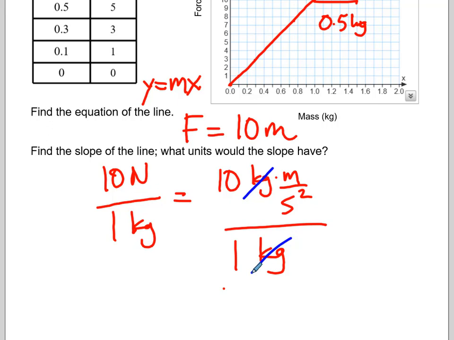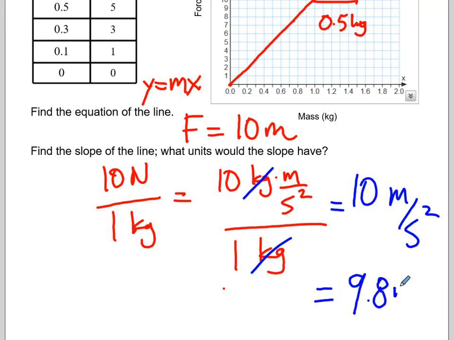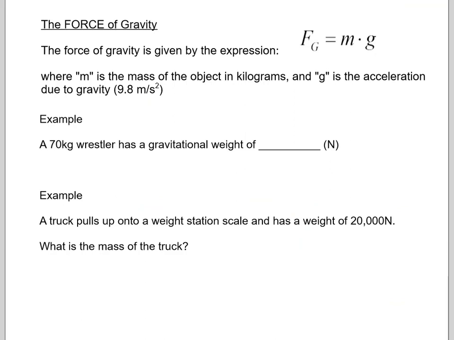And you'll be like, well, wait a minute, 10 meters per second squared. I've seen a number really close to that before, which was the acceleration due to gravity. And voila.